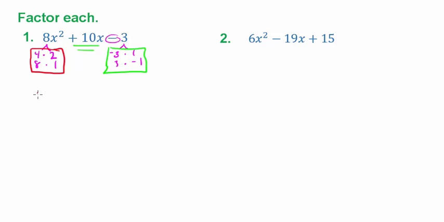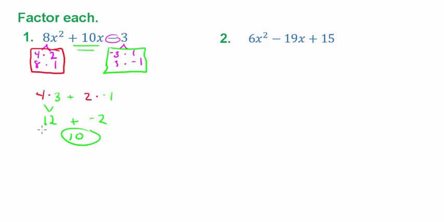So I'm going to still choose the 4 and 2, but instead of choosing negative 3 and 1, I'm going to choose positive 3 and negative 1. 4 times positive 3 plus 2 times negative 1. So here I will have a positive 12 plus a negative 2, which results in a positive 10.